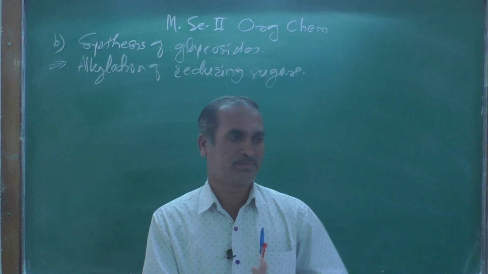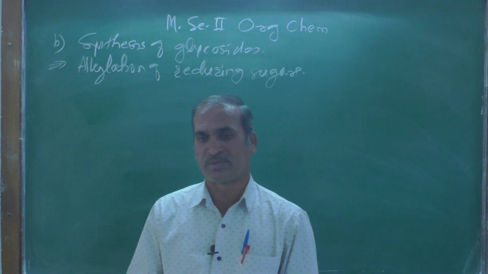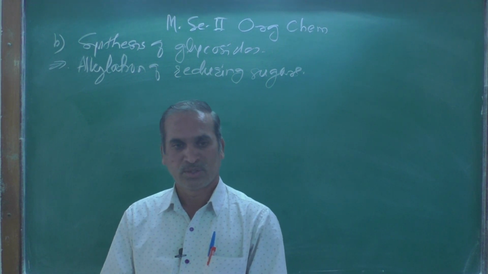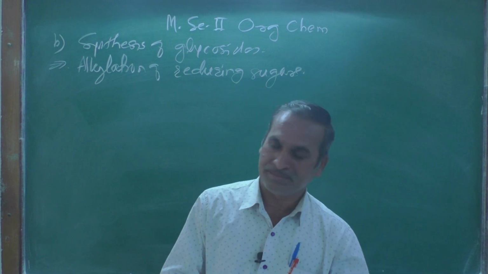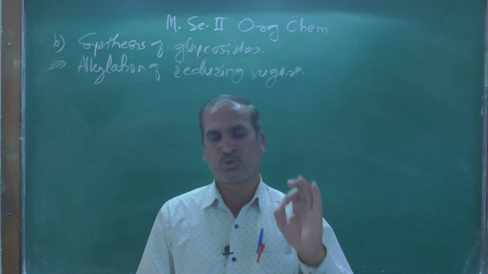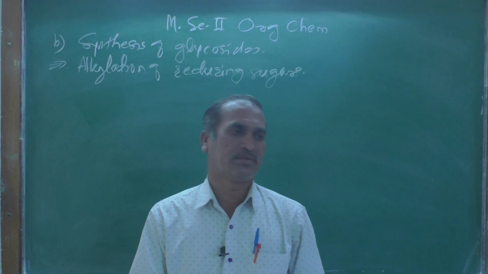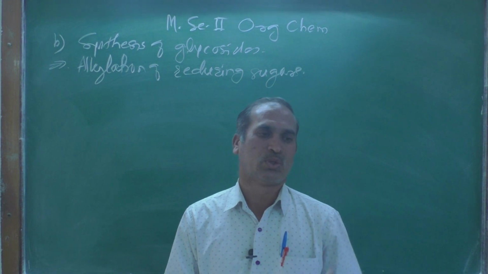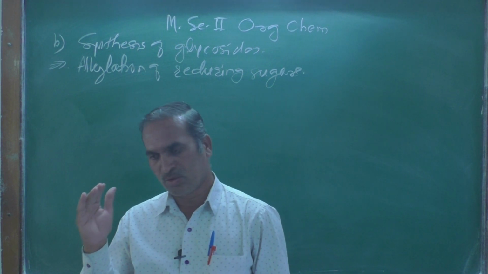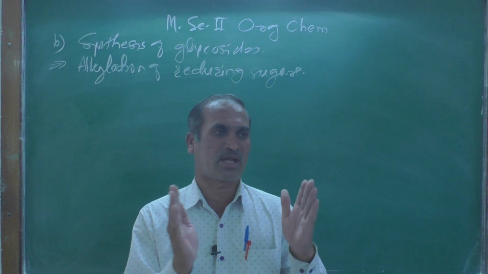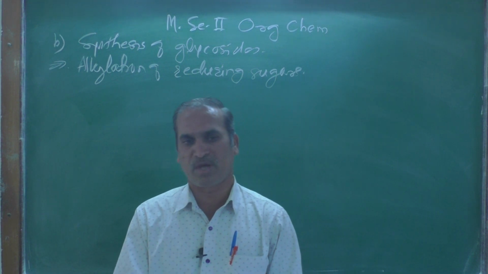Anomers and epimers are two different terms. They are totally different. The word epimers is used for sugars such as D-glucose represented as open chain structures, which are generally represented as a Fischer projection formula.